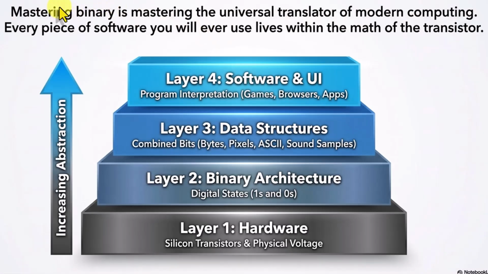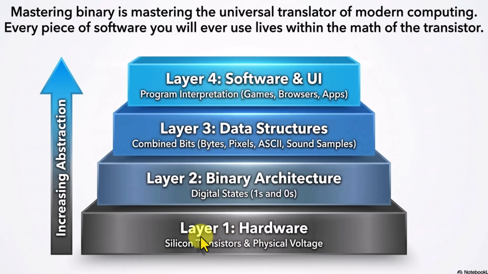And to finalize things, mastering binary is mastering the universal translator of modern computers, because every device works on binary. Every piece of software you will ever use lives within the math of the transistors. So here, abstraction that we have studied in unit 1, we have an abstraction here as well.